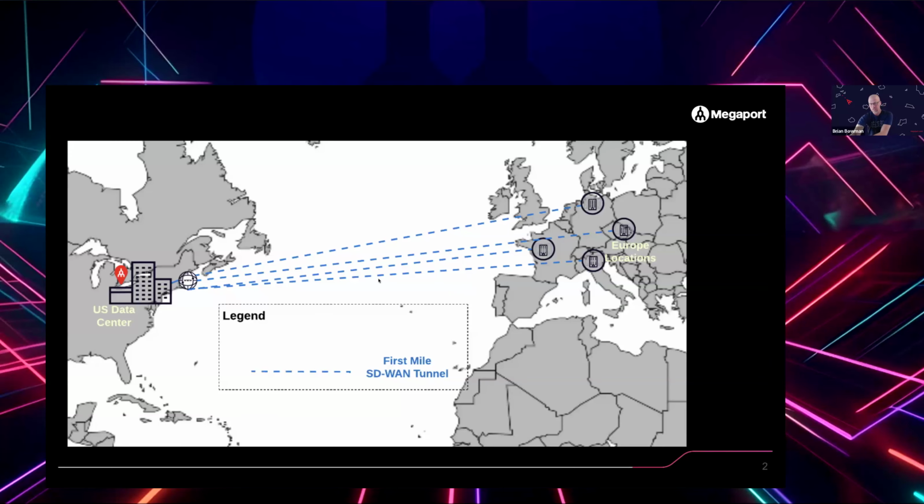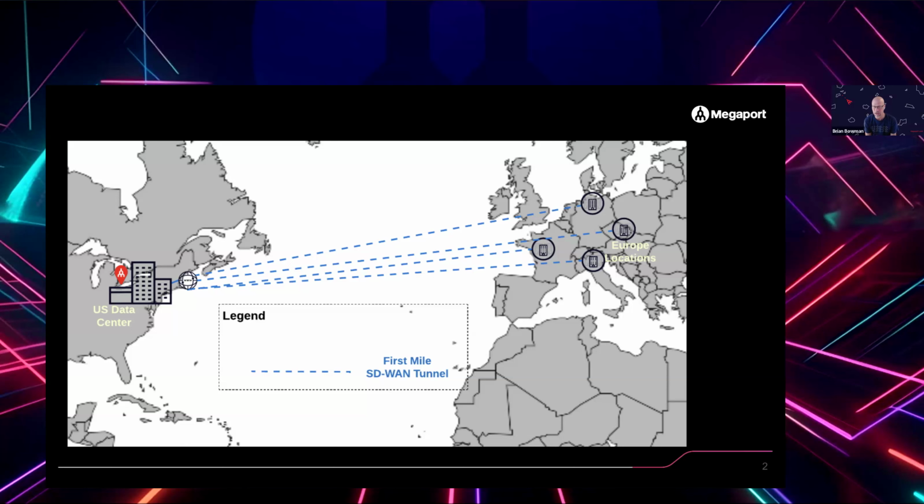All right. So this particular company had an SD-WAN network. I'm just showing a few sites on the screen here, but they have quite a few locations in Europe and a primary data center in New York that they were connecting back to in North America. They're using SD-WAN over public internet.